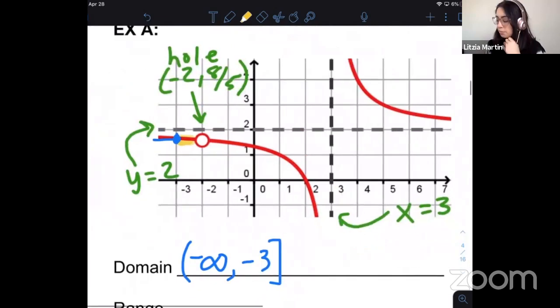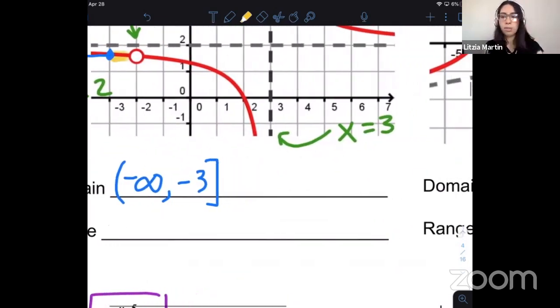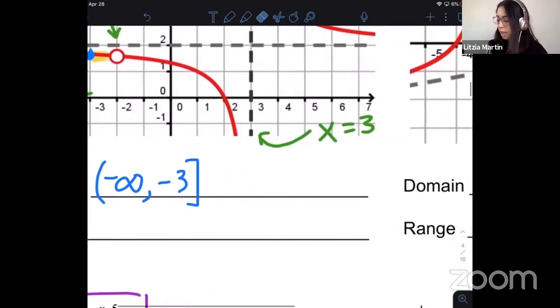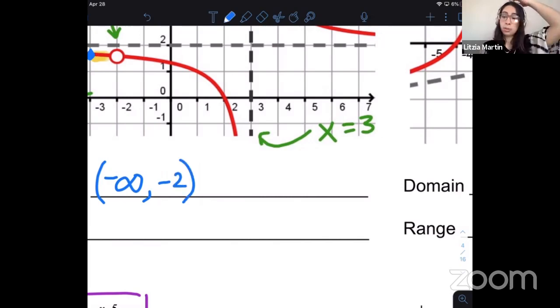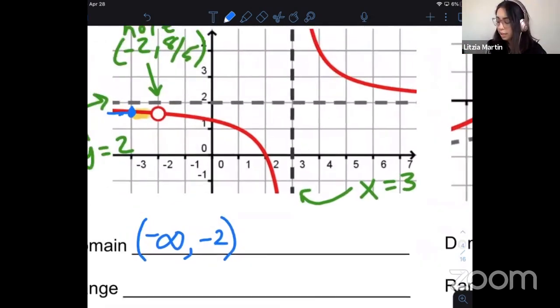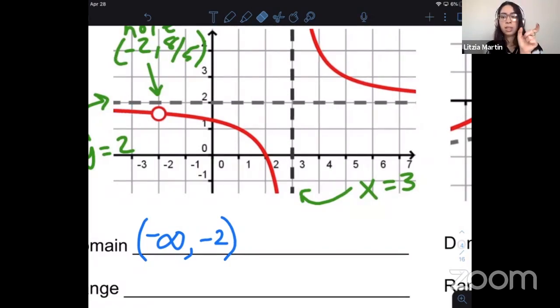So instead of this notation, we do the notation that we had, -2, not including -2. That means we're talking everything from negative infinity all the way up to -2, but not including -2. Okay. So that's that first piece that we see there.